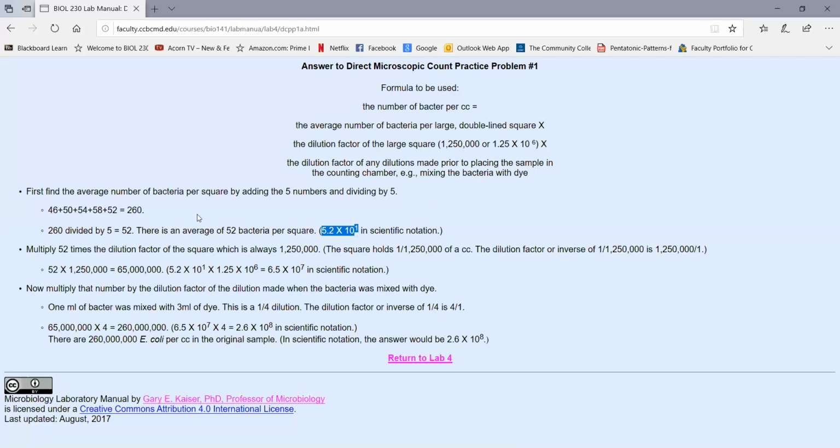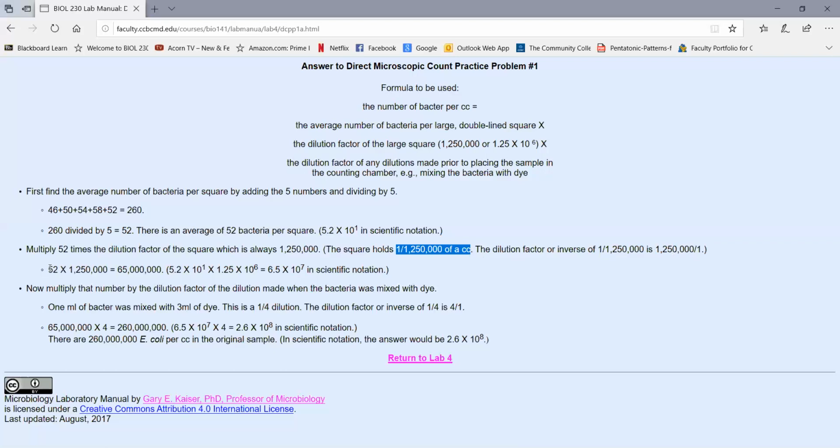Then we multiply the average number of bacteria per large square, 52, which we just found, by the dilution factor of the square, which is always 1,250,000 or 1.25 times 10 to the 6 in scientific notation. Again, that's because the square holds this dilution of a cc. So if we invert that, then it becomes 1,250,000 over 1.